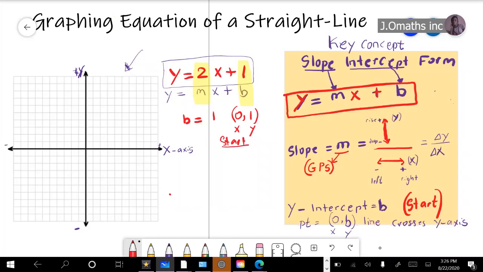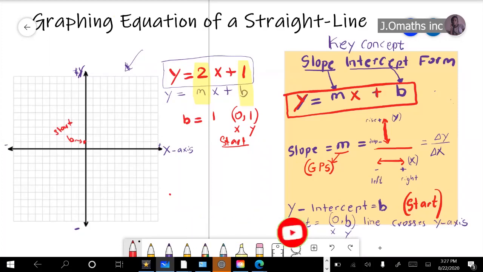This point on the coordinate plane is (0, 1), right here. From the origin, we run 0 and we rise 1. So this point is the b. That's where we're going to start graphing.